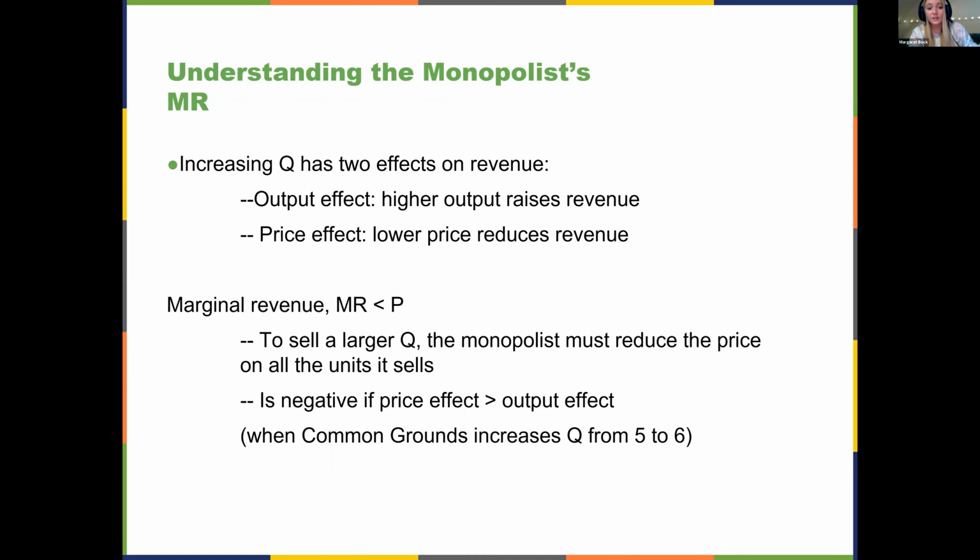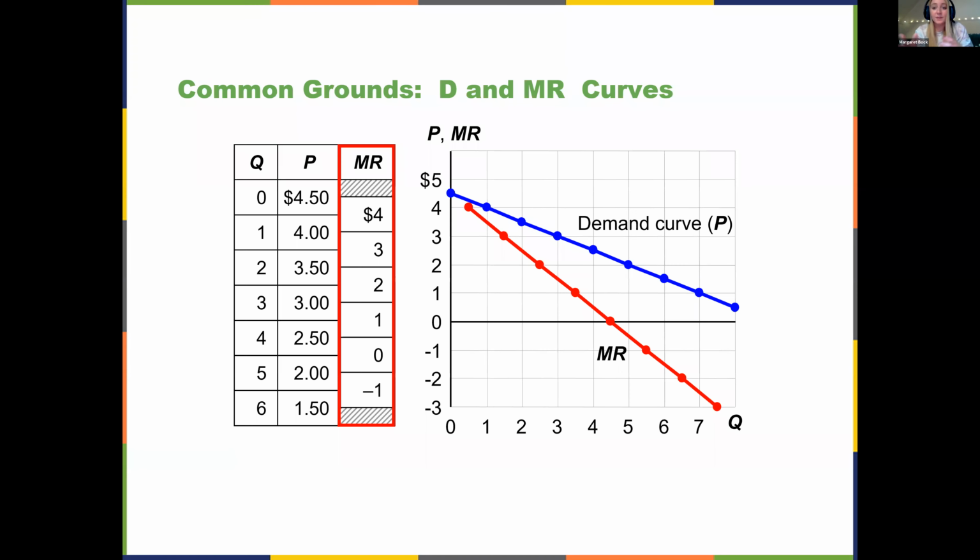However, there is an opposite effect: because the demand curve is downward sloping, they're going to have to lower the price that they charge per unit if they want to sell more units.